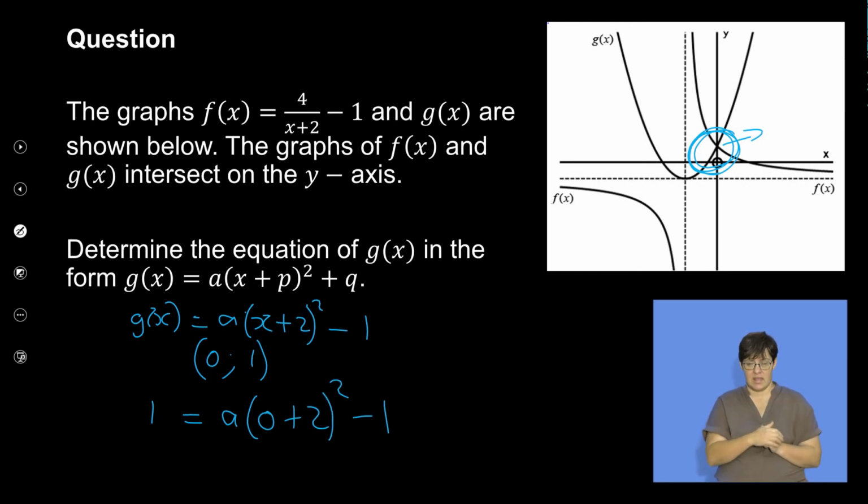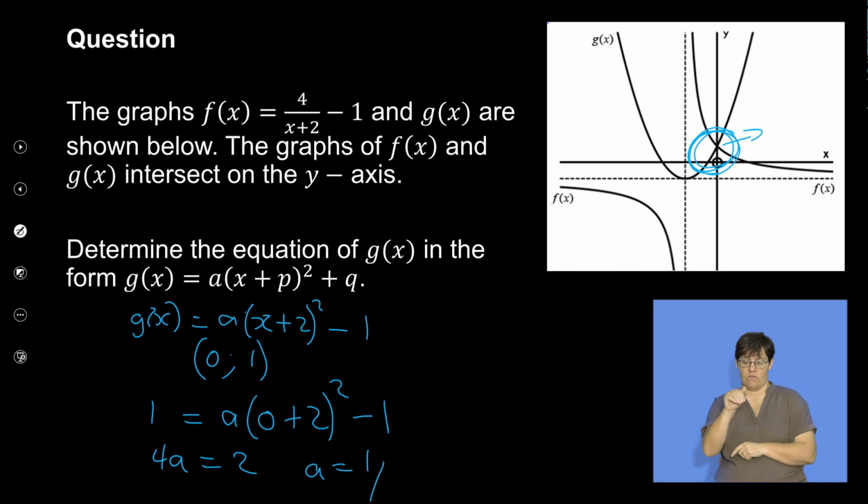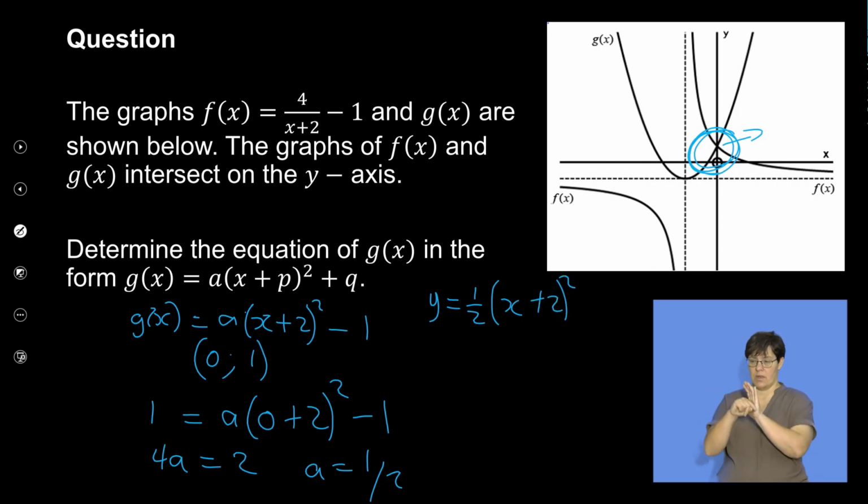If you solve for your a here, it will be 4a is equals to 2, and then a will be equals to 1 over 2. So my equation will actually be g of x is equals to 1 over 2 into x plus 2 all squared minus 1.